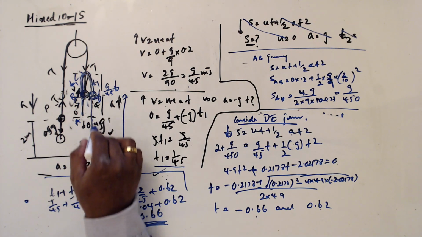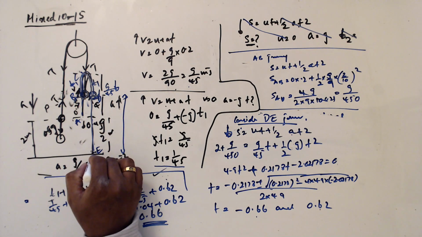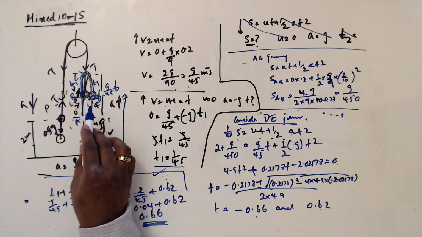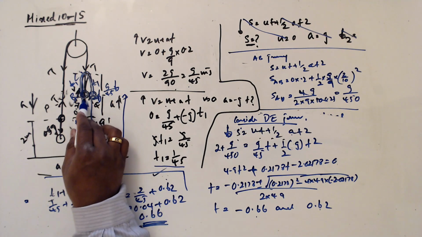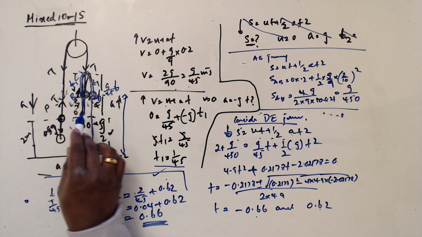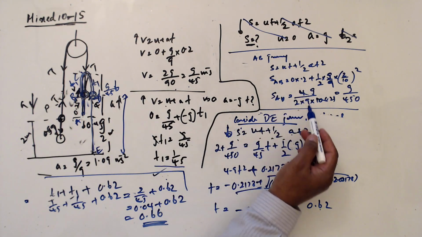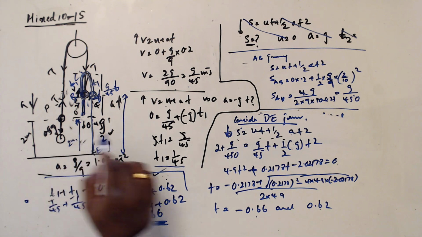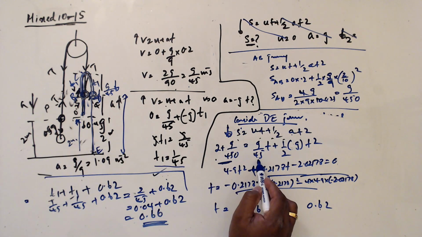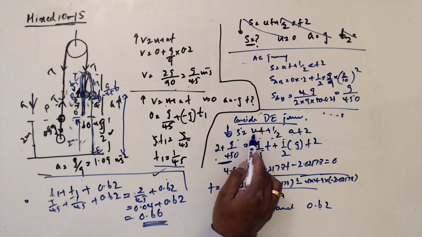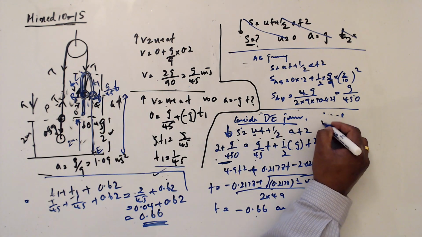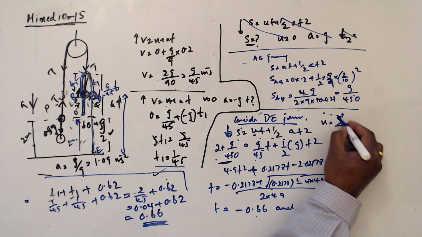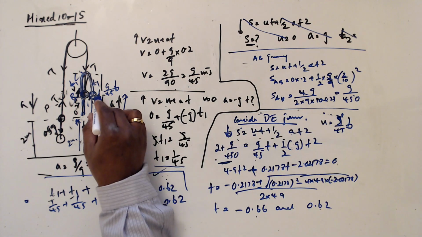Now we want to find this distance. This time I want to put s equals ut plus half at squared, but I don't know this distance. Then I have to use s equals ut plus half at squared to get this distance. And this distance we know already, 2 meters, or 2 plus this distance equals u. So u is g over 45 in this direction.